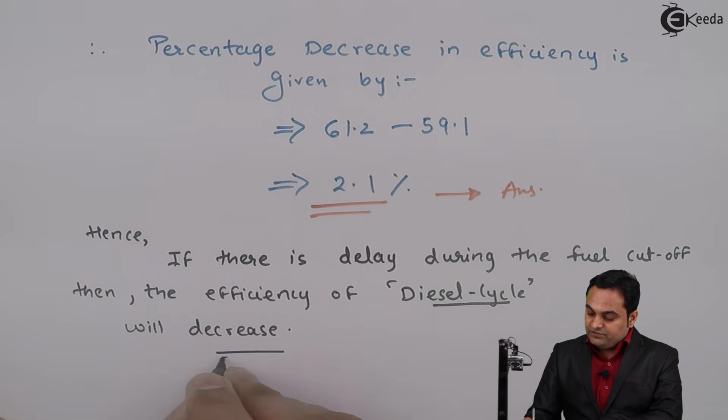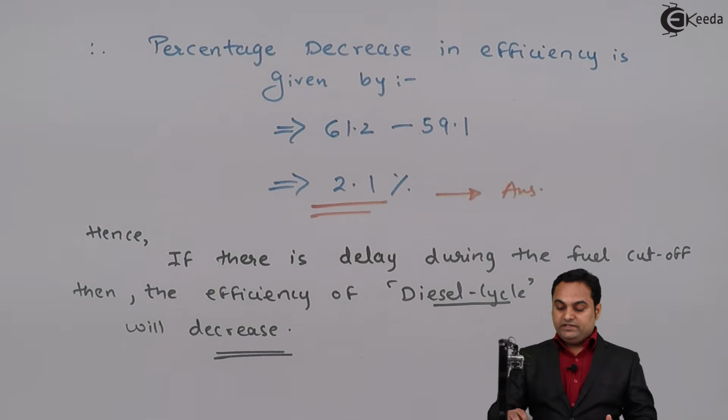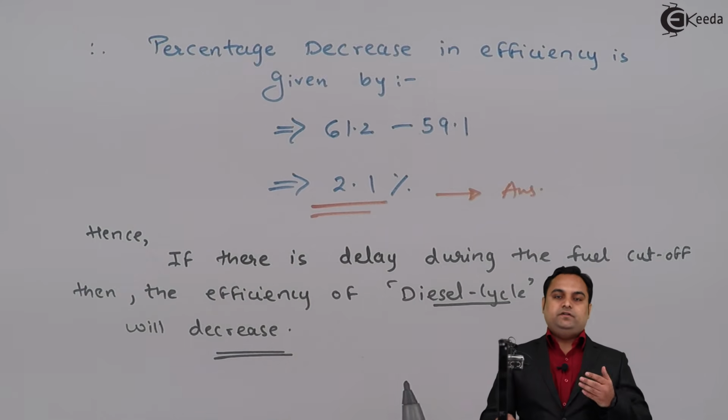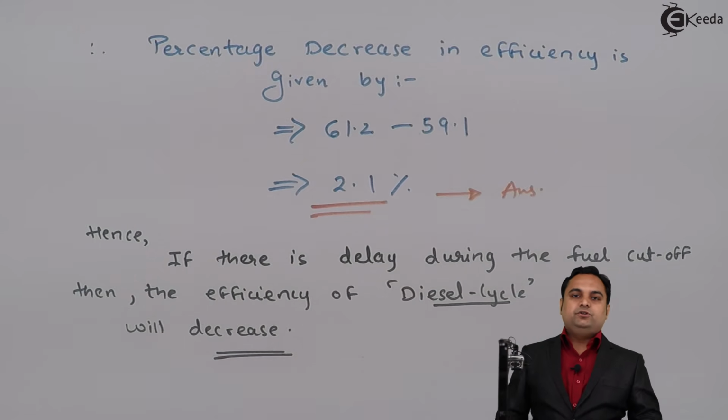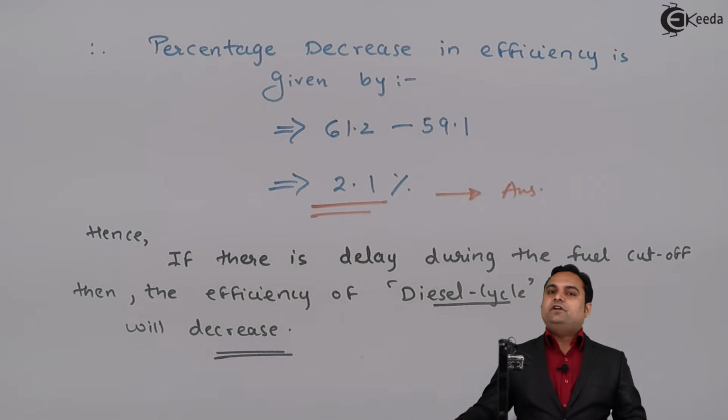So here is the comment which I have written, that when we increase the fuel cutoff, that is if we delay the fuel cutoff, that in this case it was 5% to 8%, so the efficiency of diesel cycle decreases, and with this we complete the problem.